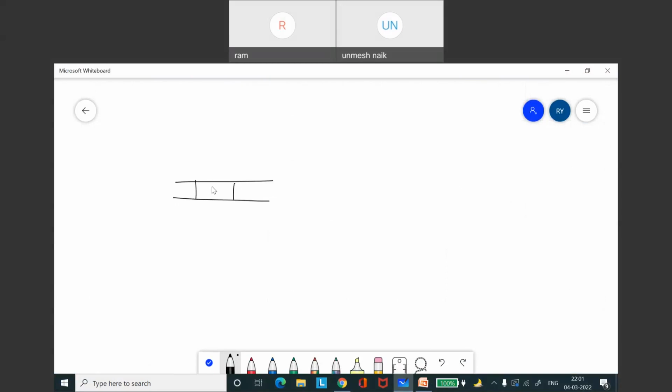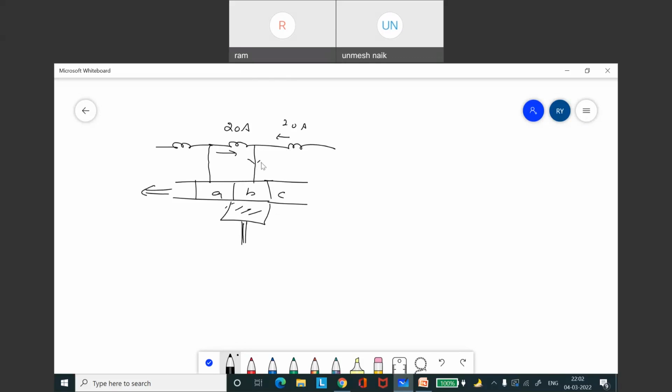We have three segments here, A, B, C. This is the brush. The brush position is fixed, however the commutator will move. Let's say initially this winding is carrying 20 amps and this is also carrying 20 amps, so a total of 40 amps flows through the brush.